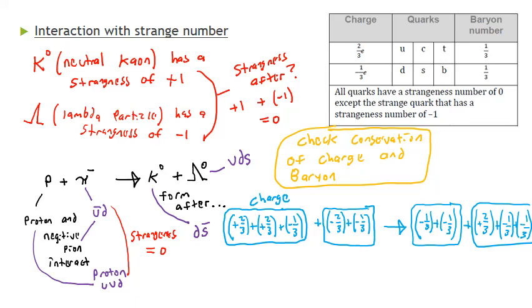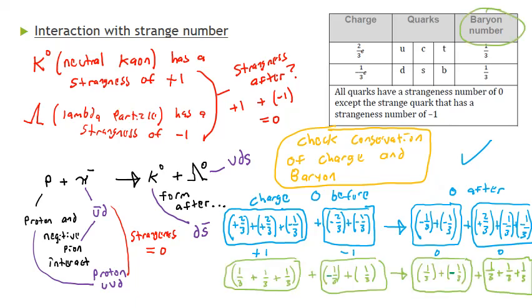Afterwards we have the neutral kaon with negative 1/3 plus negative 1/3, and then the lambda particle, positive 2/3 plus negative 1/3 plus negative 1/3. So the charge before is 0, and the charge after is 0, so that looks good.